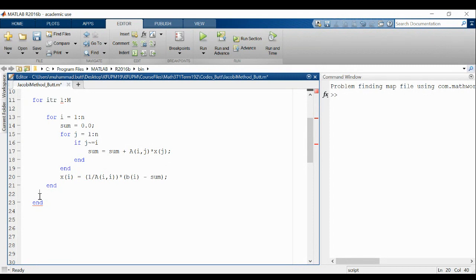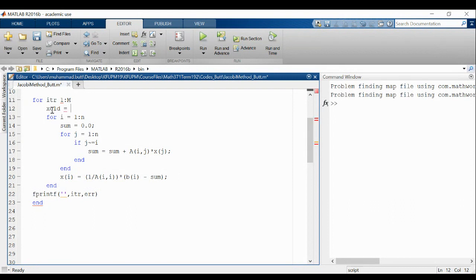Now you want to print something, for example, the iteration and the error. So now you compute these things. To compute the error, in the beginning what was x is known as x old.